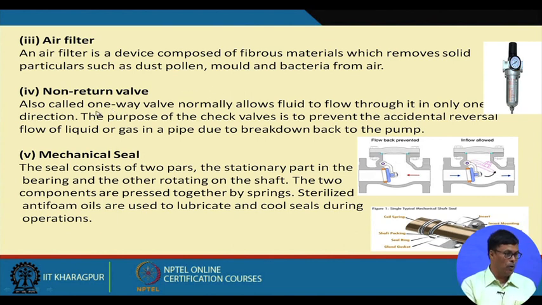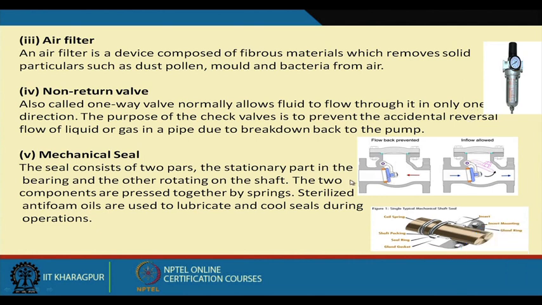So next is the non-return valve. You can see that the liquid can flow in this direction. If it flows in this direction, the valve can open. But if it flows this way, the valve cannot open. And I told you we usually keep it in the air inflow line, because if there is a power failure, there is every possibility that the liquid, the media present in the fermenter, may go back into the system.